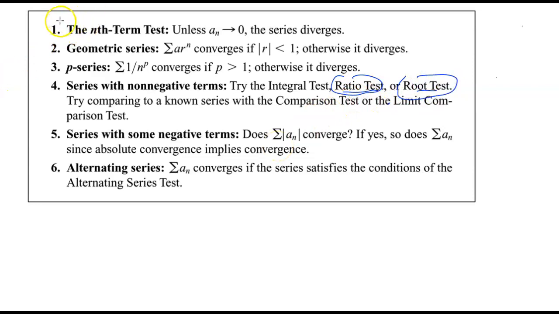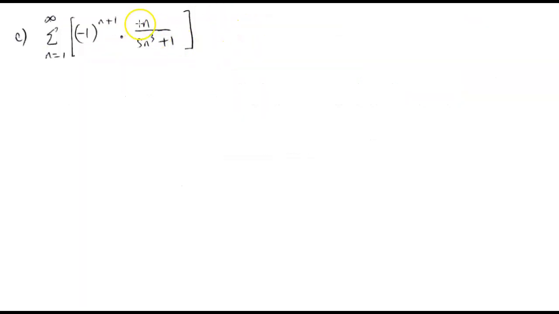We skipped all of these because we know it's not a geometric series and it's not a p-series. When we try to take the limit of this as n approaches infinity, the alternating part is going to make it oscillate back and forth between positive and negative, which on its own disqualifies the nth term test for divergence.